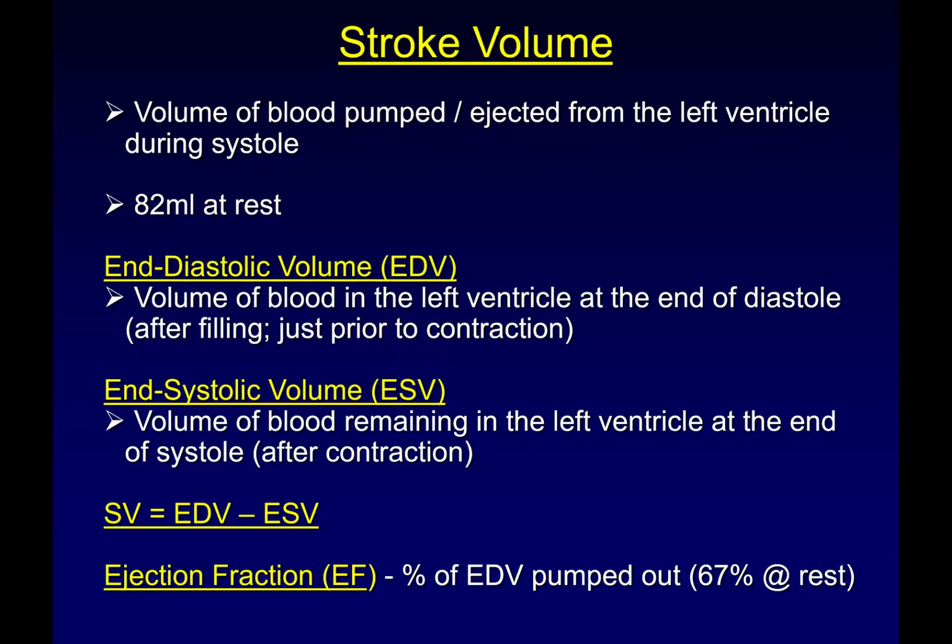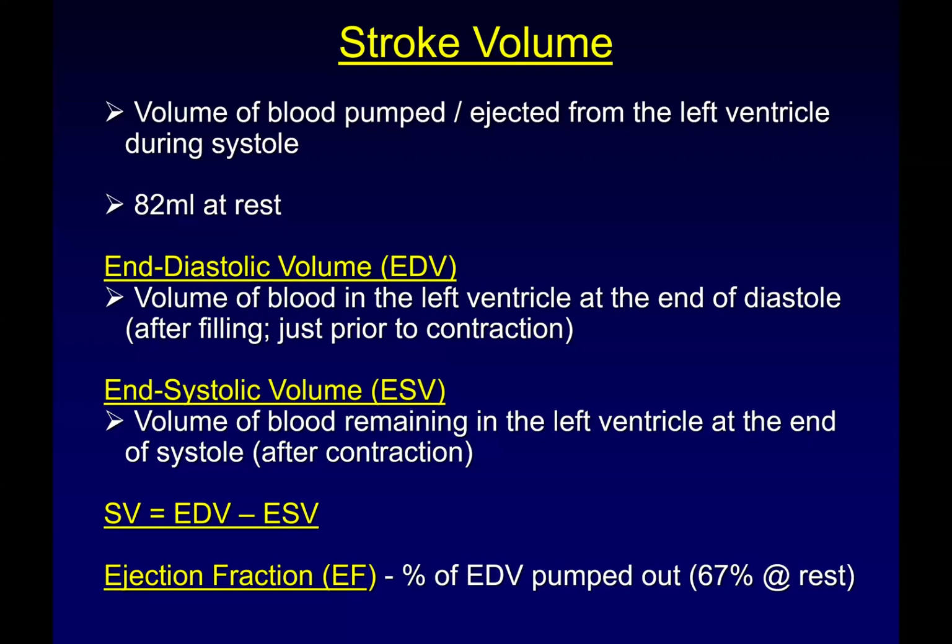If we take stroke volume and we divide it by end diastolic volume, we get a parameter that is not that useful to us during exercise, but it's actually very useful in cardiology. It's called ejection fraction. Ejection fraction is mathematically what percentage of end diastolic volume is your stroke volume.